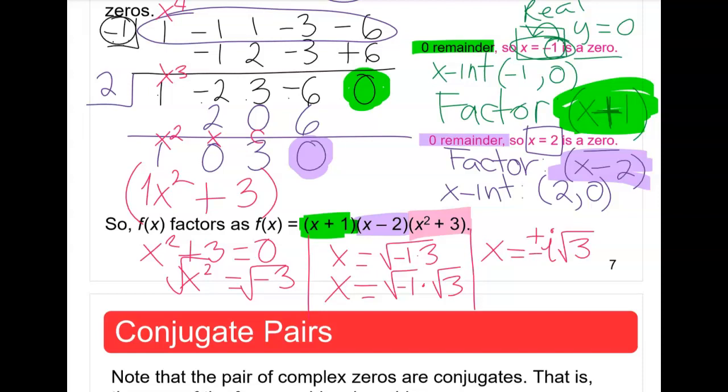Make sure you round accordingly. And here we could also use the plus minus. Remember that conjugate imaginary zeros come in pairs, conjugate pairs. So right here we're saying x equals positive i square root of 3, or we could say square root of 3 times i. And the fourth zero will be x equals negative i square root of 3.